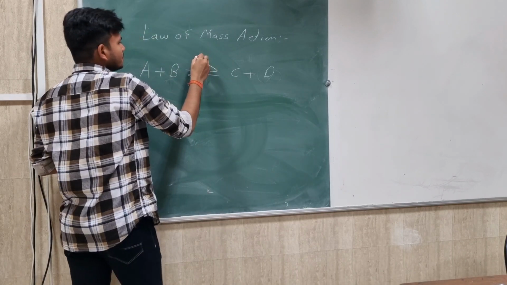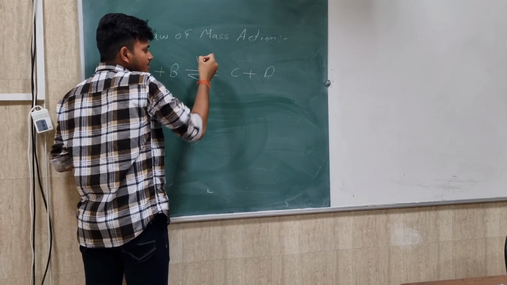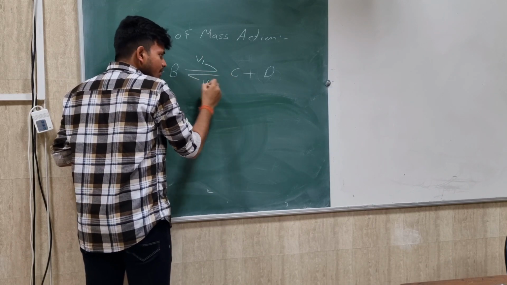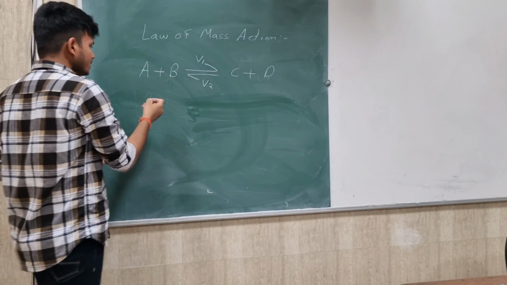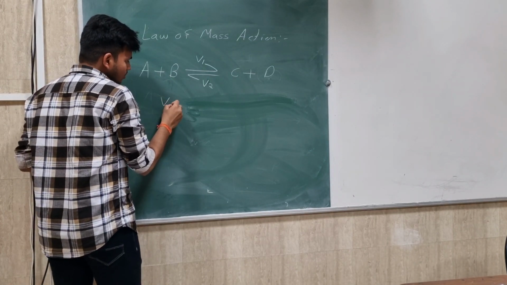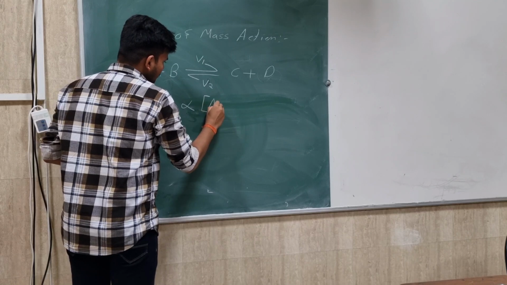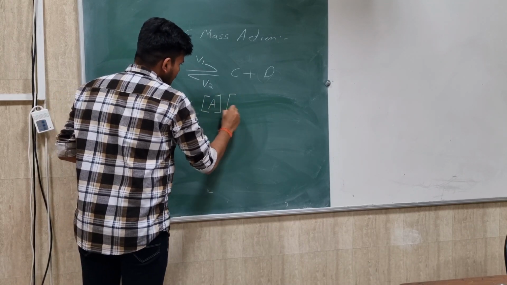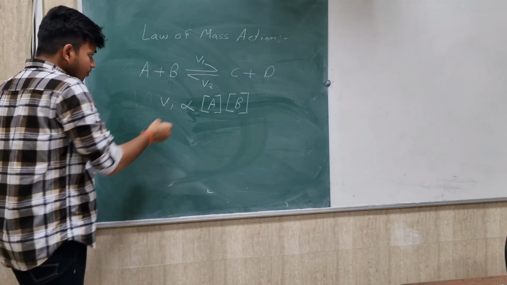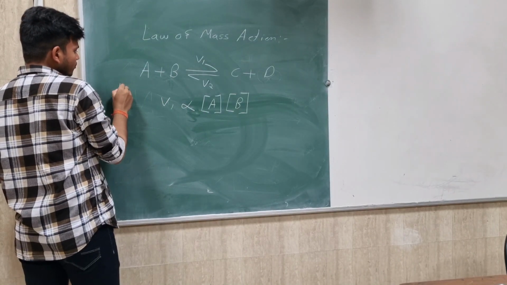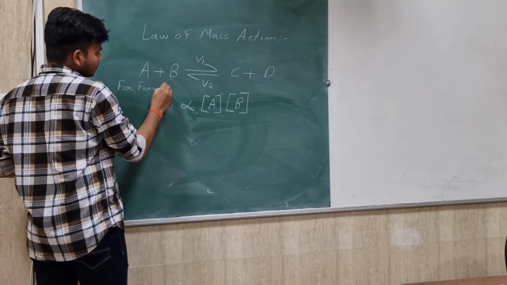We consider, for example, this is forward reaction, we consider rate V1 here. For backward we consider rate V2. That's it. So we write rate V1 is directly proportional to the concentration of A into concentration of B. We can write for this reaction. This is for forward reaction.